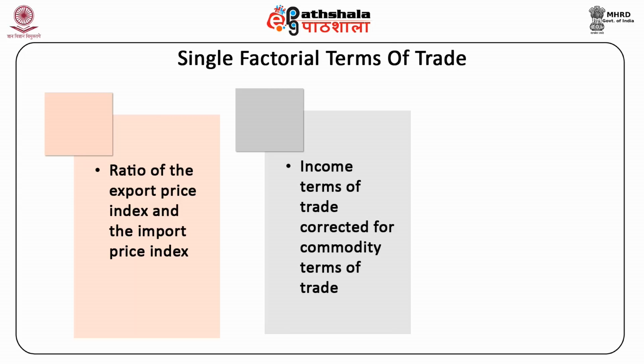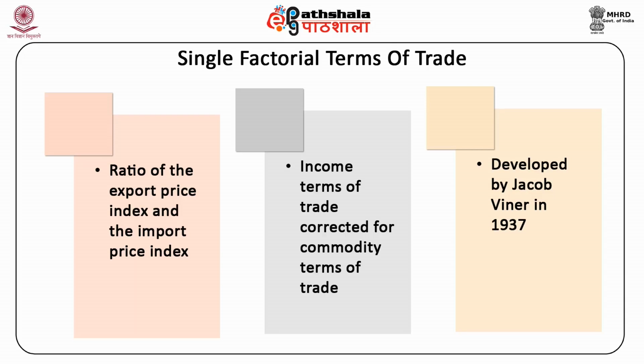While income terms of trade correct the commodity terms of trade for changes in the export volume, there is another attempt to correct commodity terms for changes in the productivity in producing export goods. The single factorial terms of trade is an attempt in that direction. It was Jacob Viner who developed the concepts of single and double factorial terms of trade in 1937.